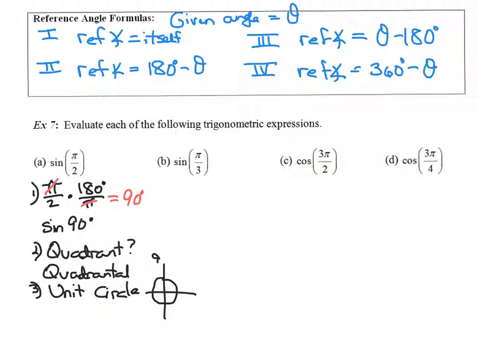Let's go to 90 degrees and find the ordered pair, (0, 1). Remember that the sine of 90 degrees will always be equal to the y-coordinate, so in this case, that answer is equal to 1.